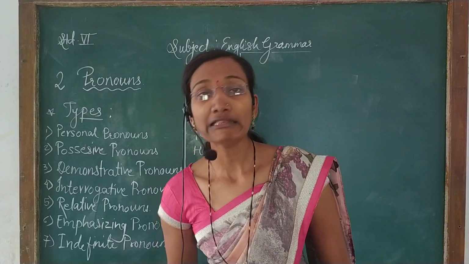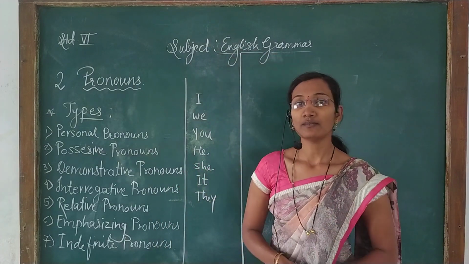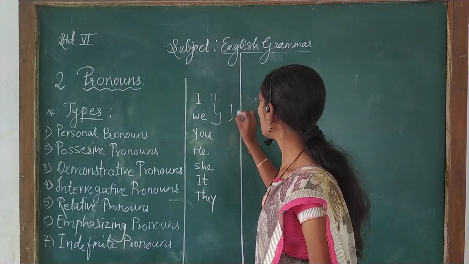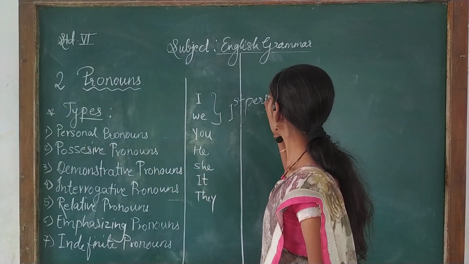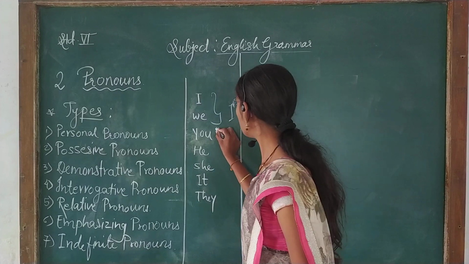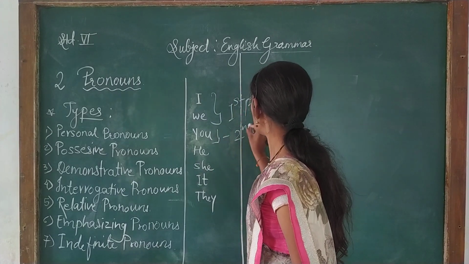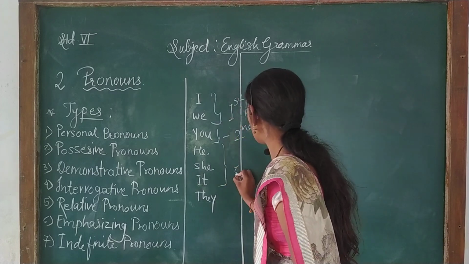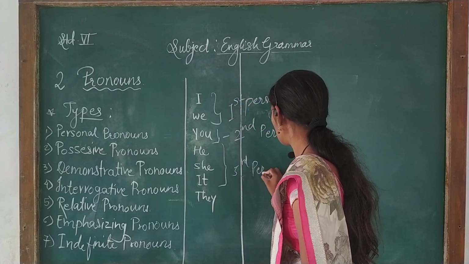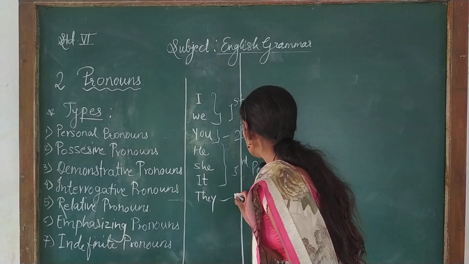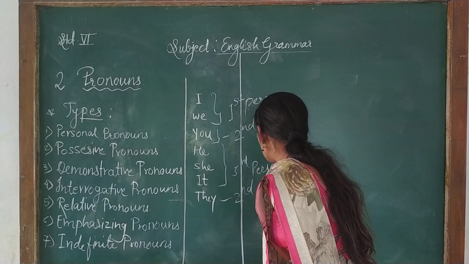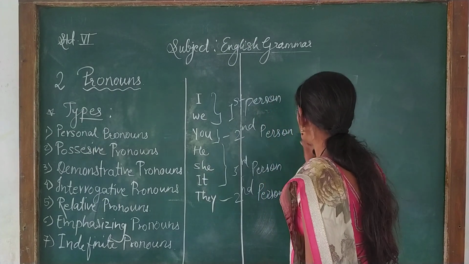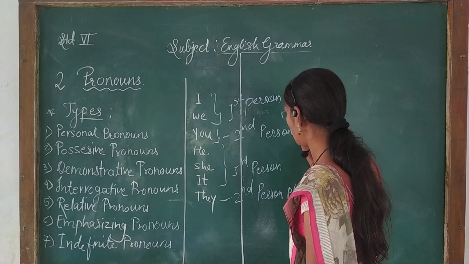Now there are again 3 parts of persons: first person, second person, and third person. It is called plural or singular.